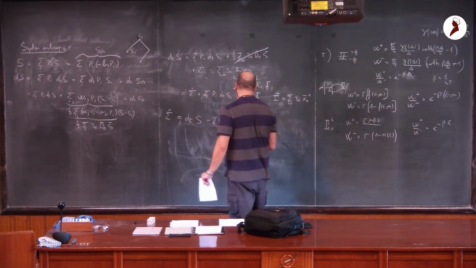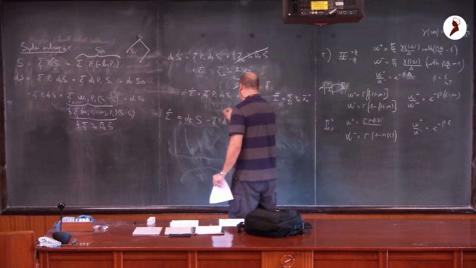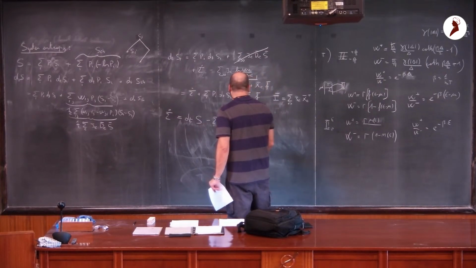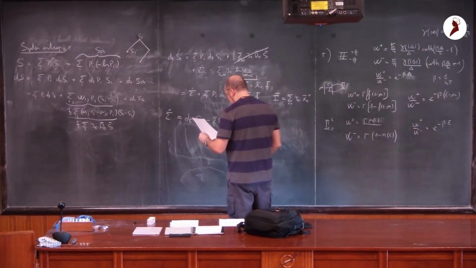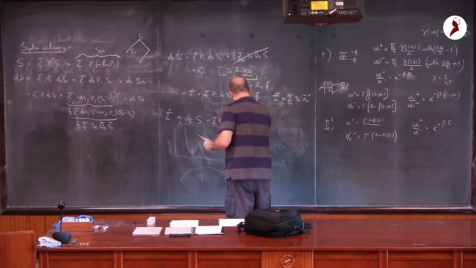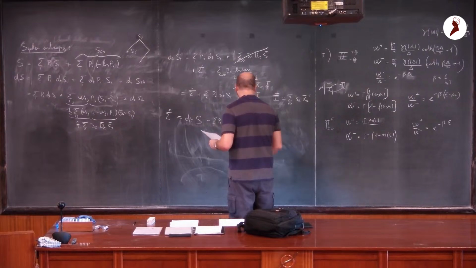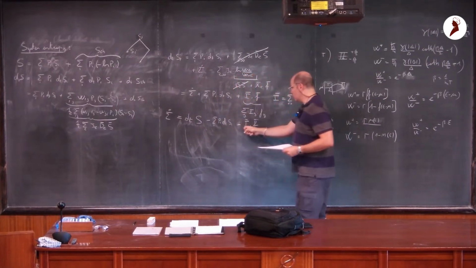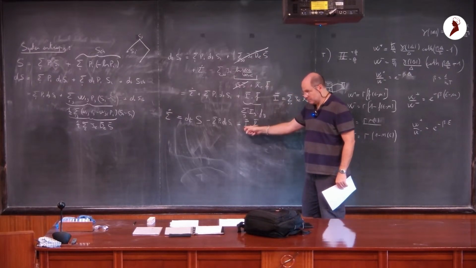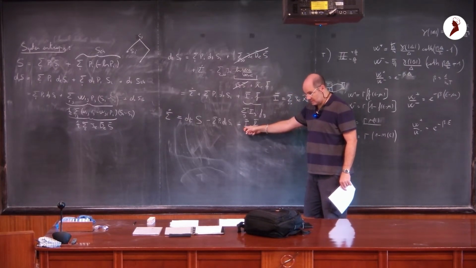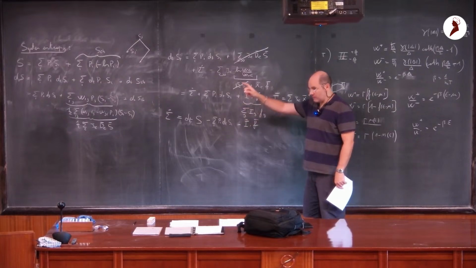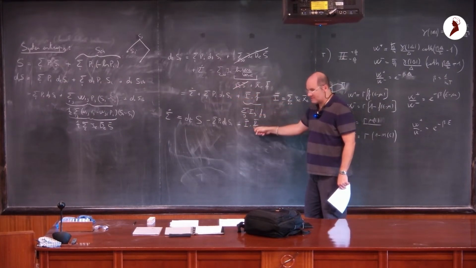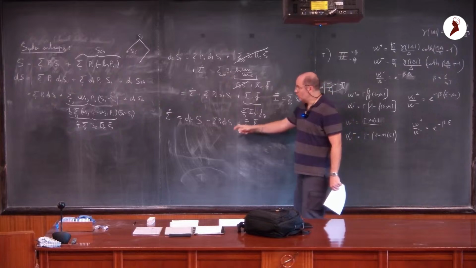So that one needs to be there. Again, often people simply ignore this term. And then minus I times F. So you see how crucial it is to know the fluxes of conserved quantity exchanged with the reservoirs to know the entropy production.